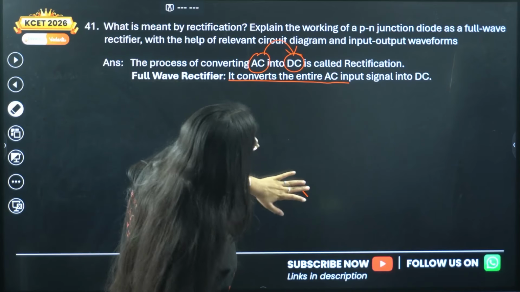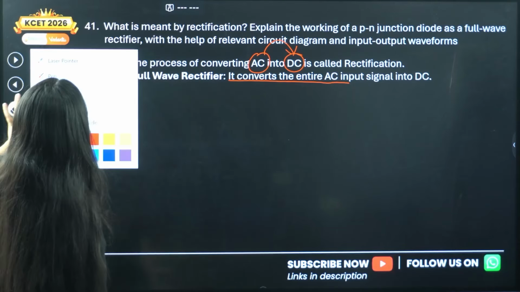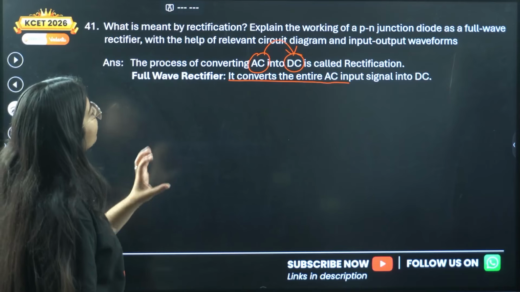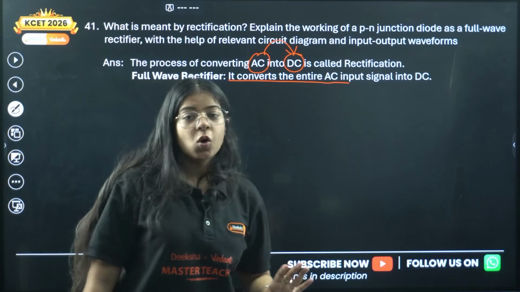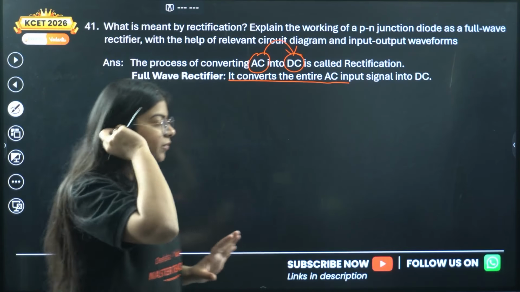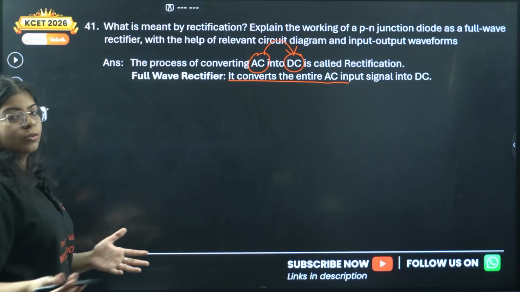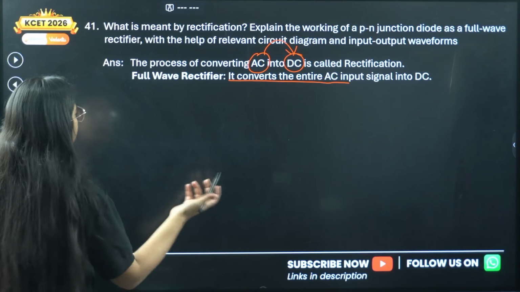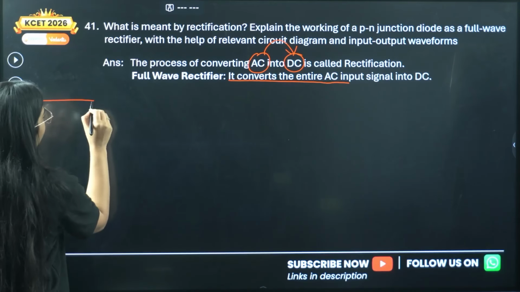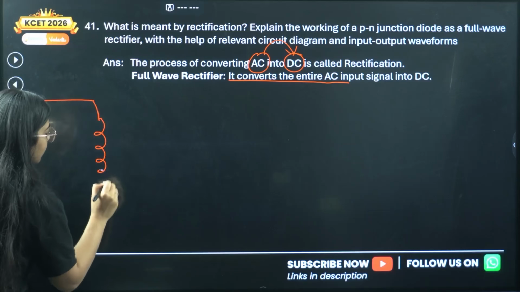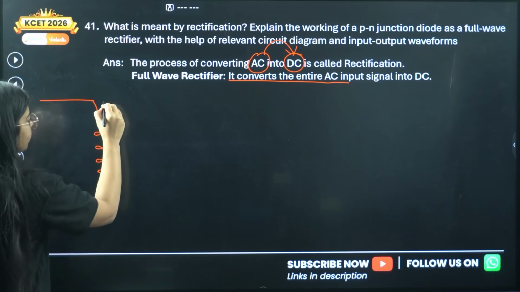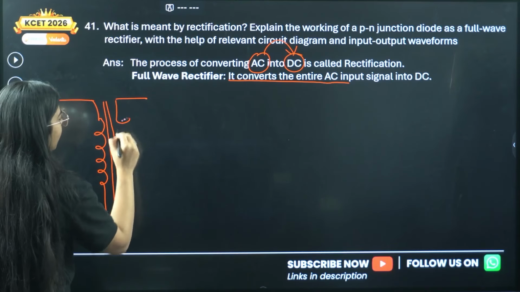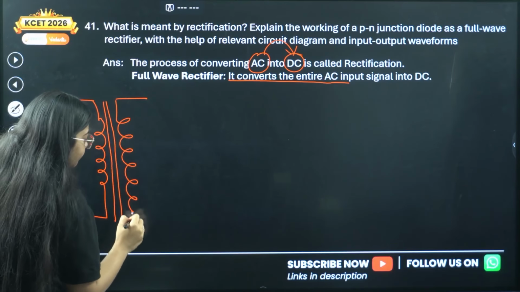Let's see what they are asking. We need to explain the working of a PN junction diode as a full wave rectifier with the help of a relevant circuit diagram. So let's make the circuit diagram first. You understood what the working is, right? But you also need to remember it. So what do we have? We have an inductor which is our primary coil, and this is center tapped, and then we have another secondary coil.